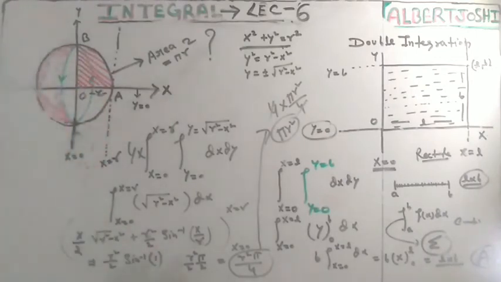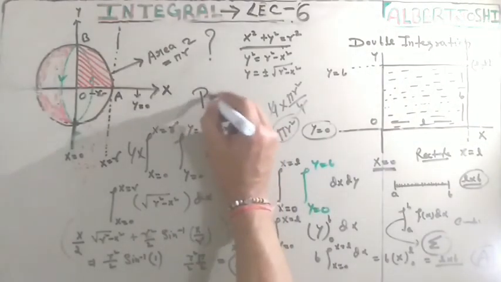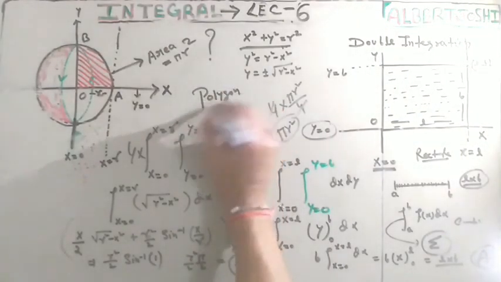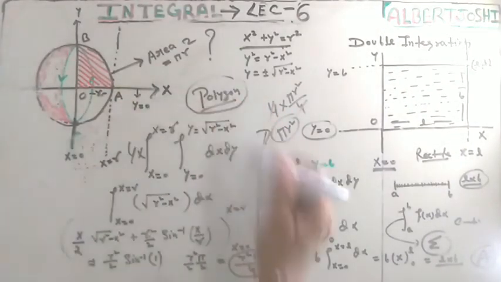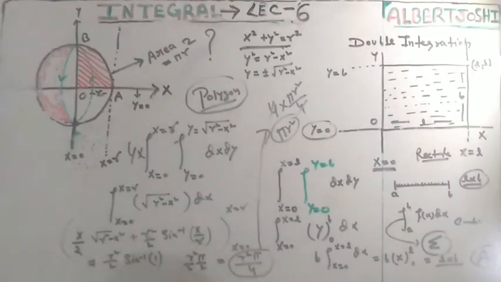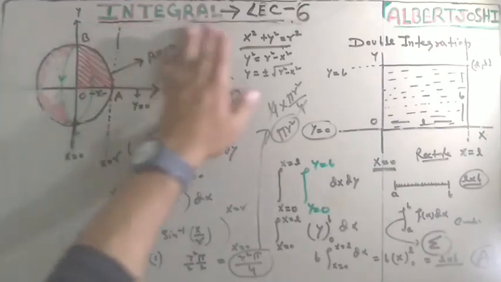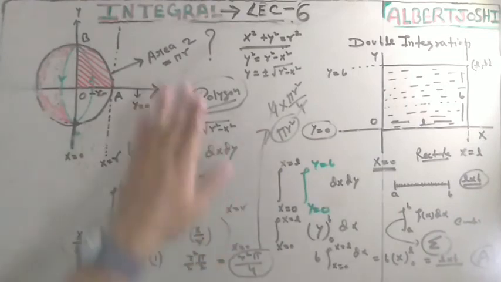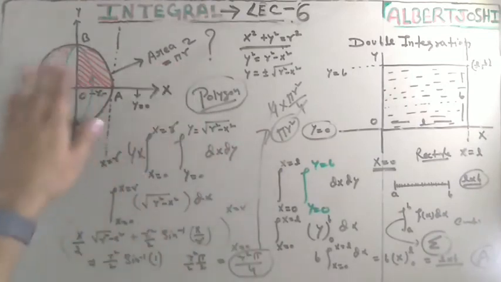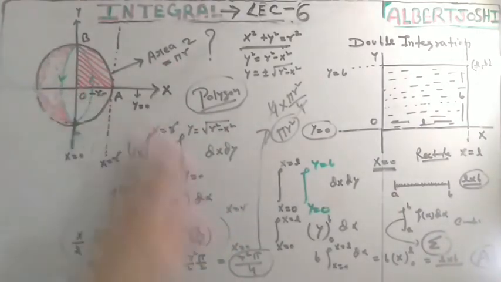Actually this is a polygon, that is also a polygon, all polygons. We found the area and perimeter by the help of integration. That is the application of integral.